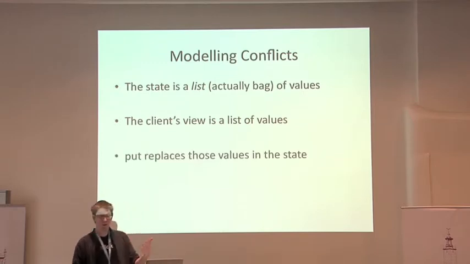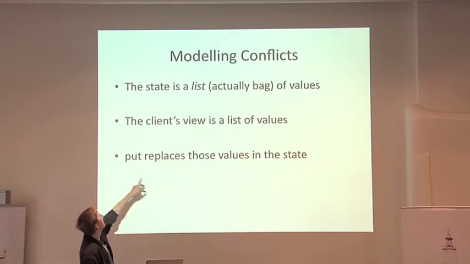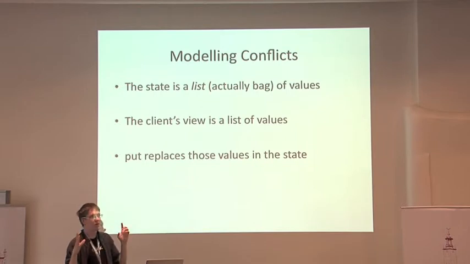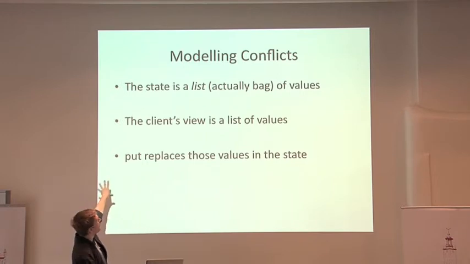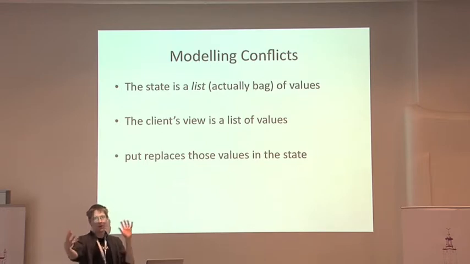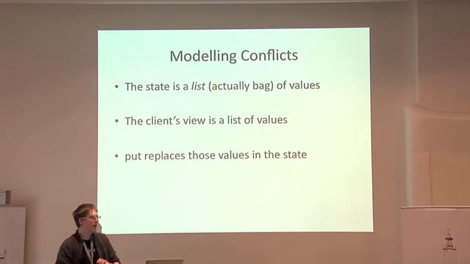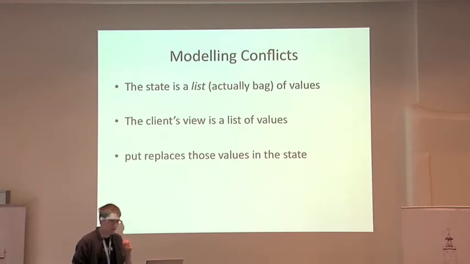And when a client does a put, the values that client has seen would be replaced by the value that he's putting. So to model this conflict resolution, you get something from the database and there's a conflict, then you look at all the values and you reconcile them in some way, and you put back a single value as the new value. So that's what we're going to do.